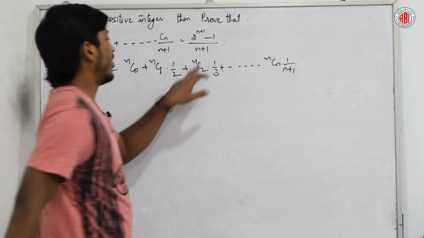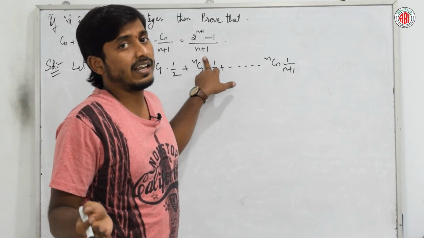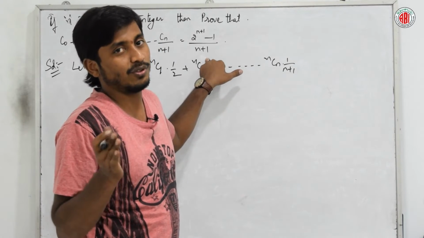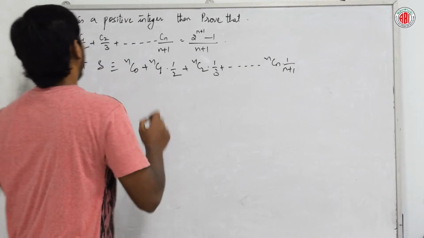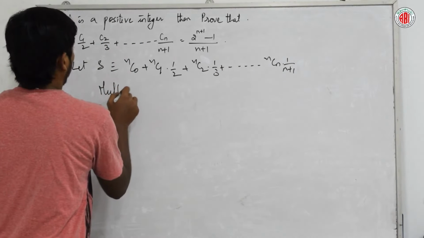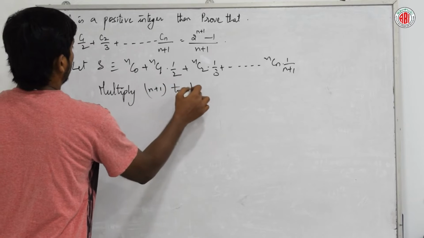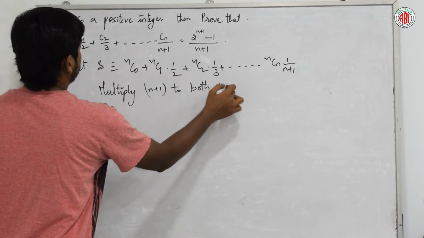Right? What is there in the denominator of the right hand side? n plus 1. Obviously, let us multiply n plus 1 on both sides.